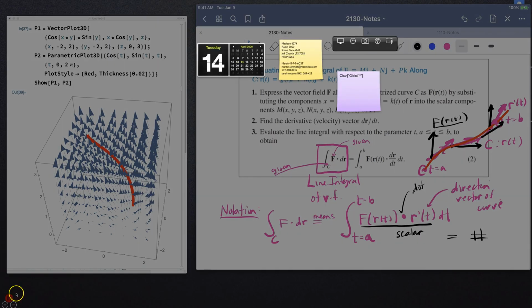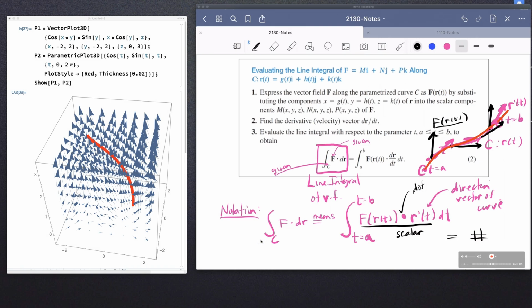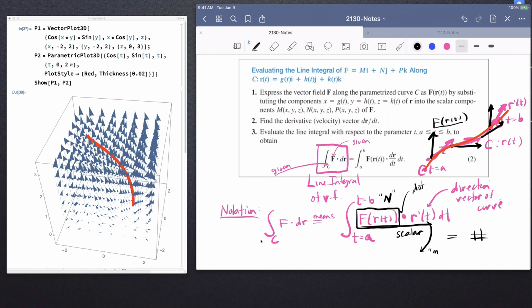Essentially what we're doing here is thinking in terms of units. The vector field f, think of it as a force vector field. So this might have the units of newtons, the force. We know r prime at t is the velocity vector, so this might have the units of meters per second. And dt is time, so this might have the units of seconds.